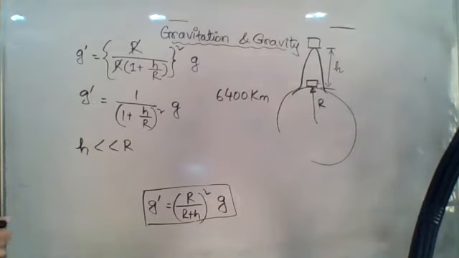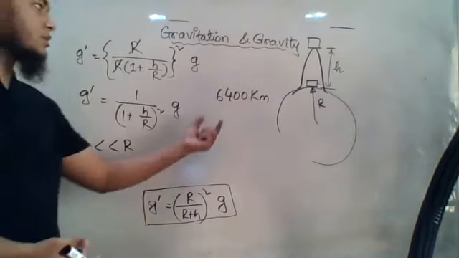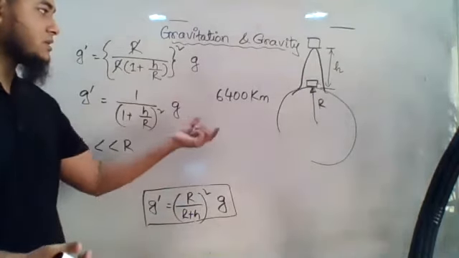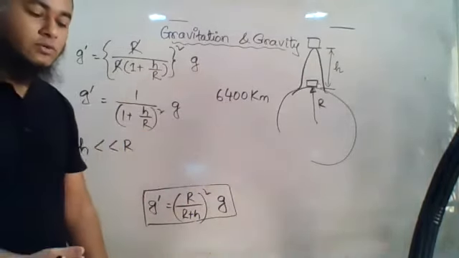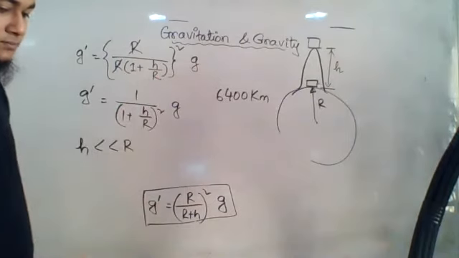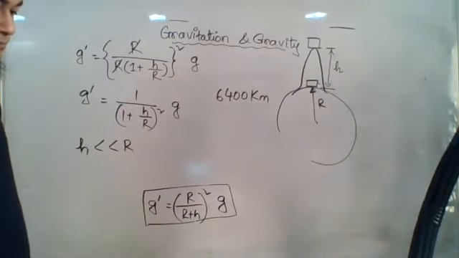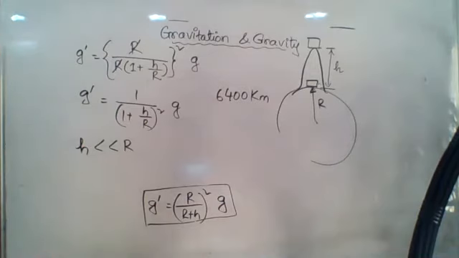So the height of the mountain might be 500 meter or 1 kilometer, something like that. These distances are very small if you compare them with 6,400 kilometer. Correct or not? Yes. Okay.